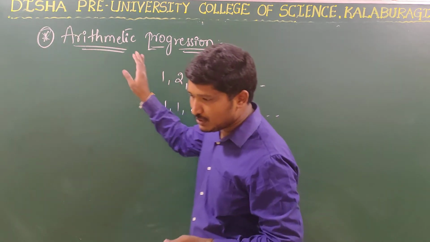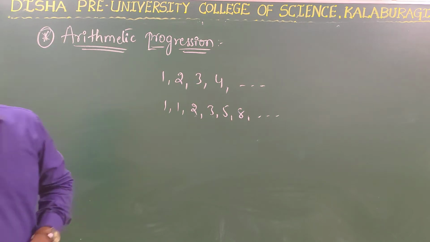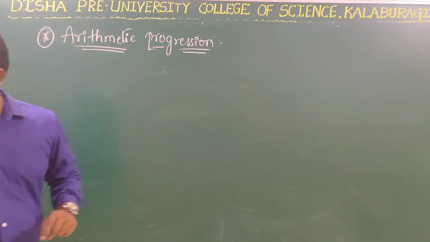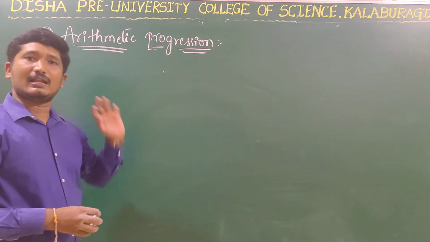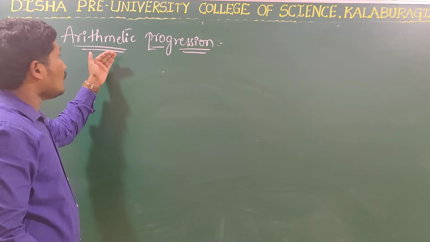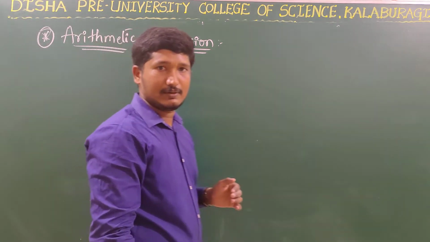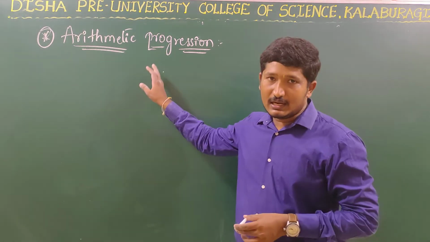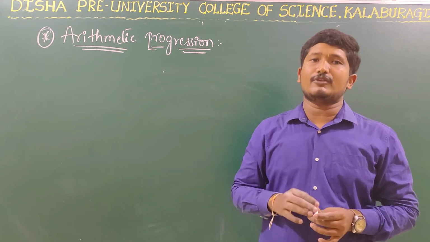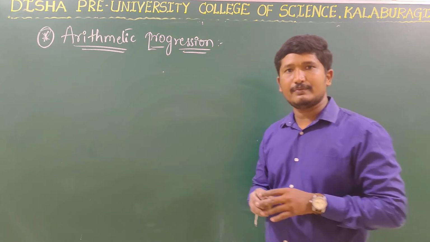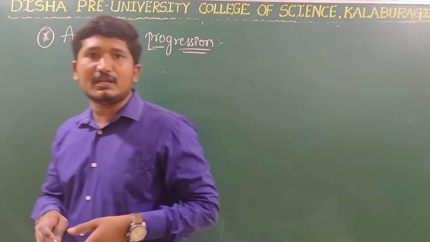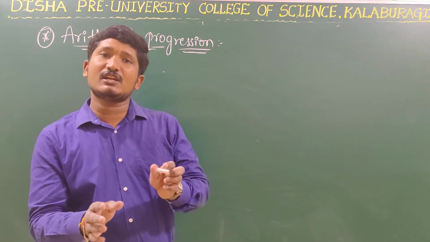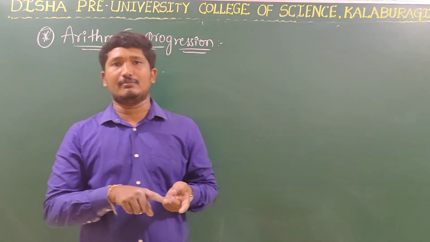right? So now coming to the arithmetic progression, you have already studied this, right? So what is meant by arithmetic progression? Arithmetic progression is a list of numbers in which each term is obtained by adding a fixed number to its preceding term.